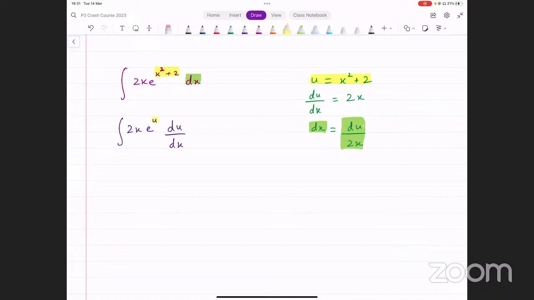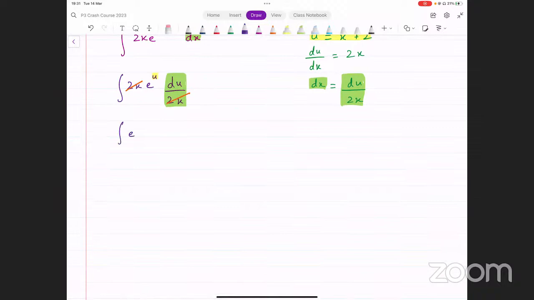So in place of x squared plus 2, we are inputting u. And in place of dx, we are inputting du over 2x, not dx. It's du over 2x. Okay, so that's what you do here. And now you notice 2x and 2x, they get cancelled automatically.